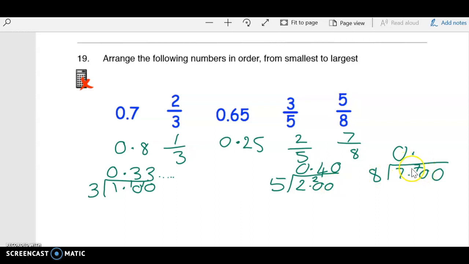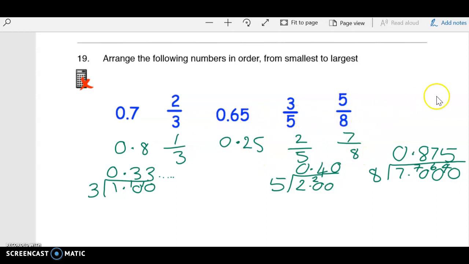So it can go in 8 times, with how many left over? We've got 64, we've got 6 left over. And then we're doing 8 into 60, which is 7, because 7 8s are 56, so there is 4 left over. And then 8's into 40, well that goes exactly, it's 5.